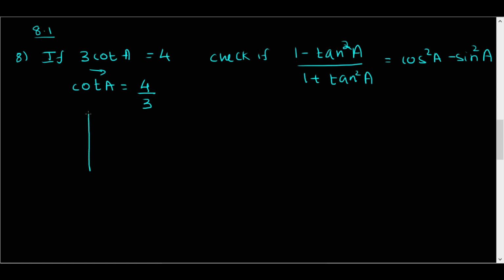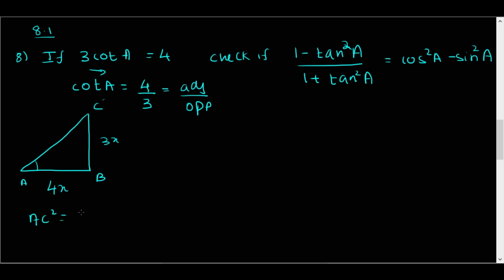So taking a right angle triangle here, A is my angle. So these are with respect to this. So cot is what? Cot is adjacent by the opposite. So my adjacent side would be 4x and my opposite side would be 3x. Using Pythagoras theorem, AC square is equal to AB square plus BC square.